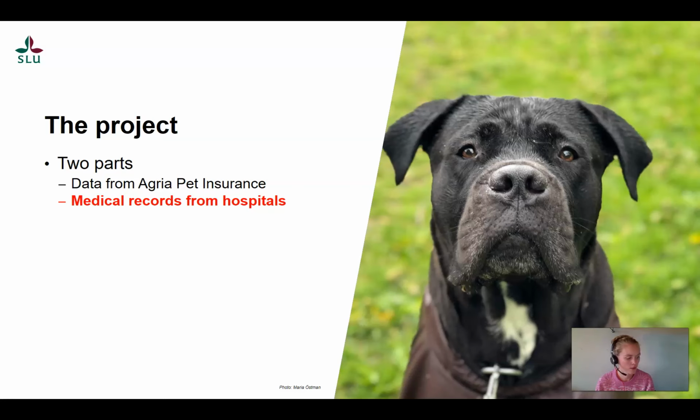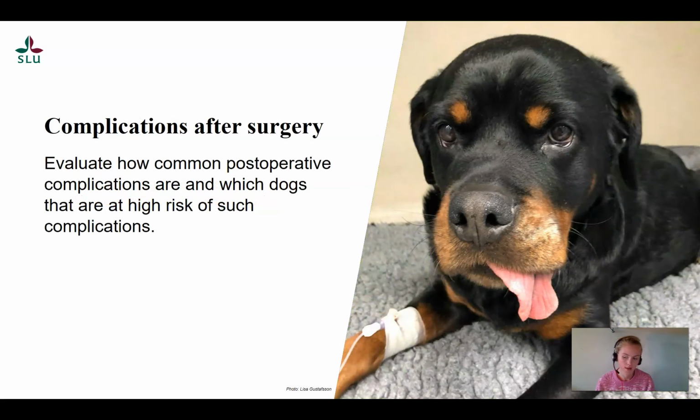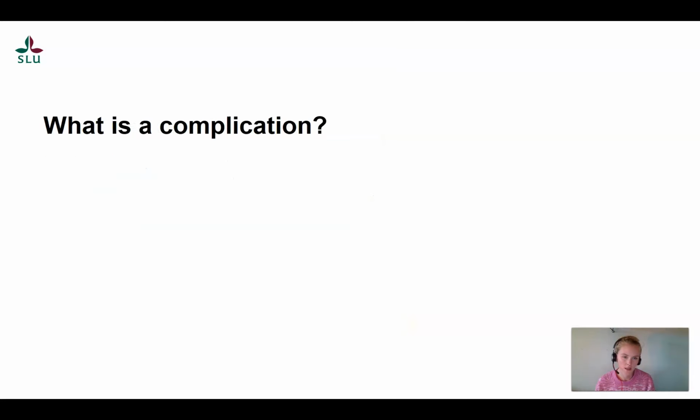And now I will talk a little about the studies based on medical records from 2 hospitals. In the first study, we wanted to evaluate complications after surgical treatment of cranial cruciate ligament rupture. We wanted to evaluate how common postoperative complications were and which dogs were at high risk of such complications. But first, I'm going to tell you about complications.